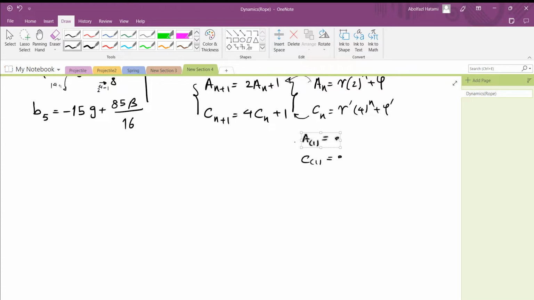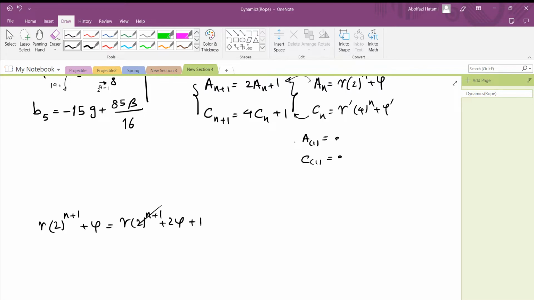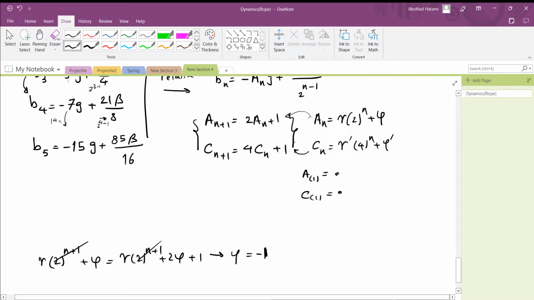If I substitute an in that equation, a(n+1) is going to be gamma 2 to the power of n plus 1 plus phi, and 2an plus 1 is gamma 2 to the power of n plus 1 plus 2 phi plus 1. We can eliminate the common term from both sides, and we have phi equal to minus 1.